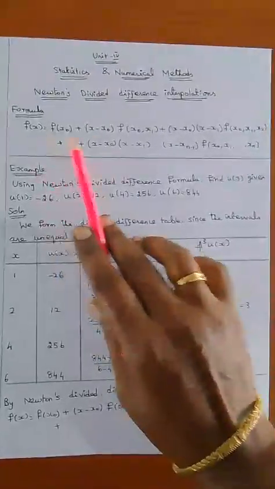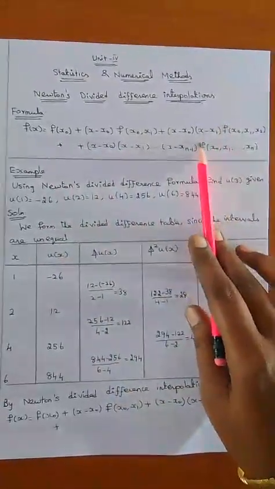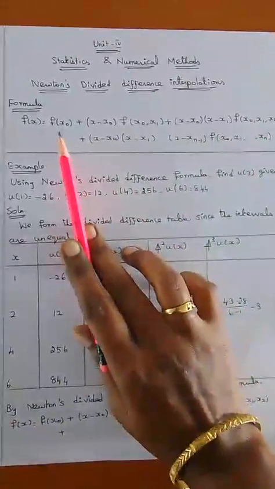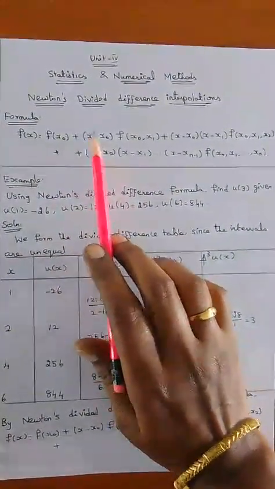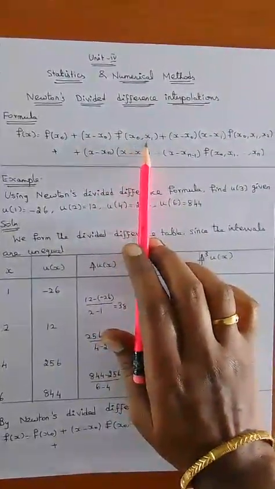So this is the formula for Newton's divided difference interpolation method. The formula is f of x naught, plus x minus x naught times f of x naught x1.